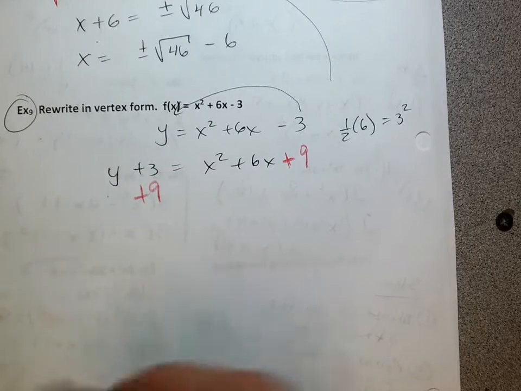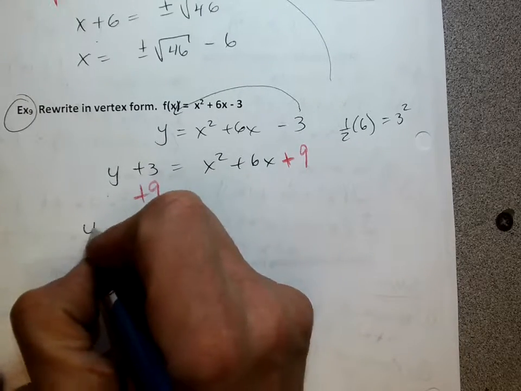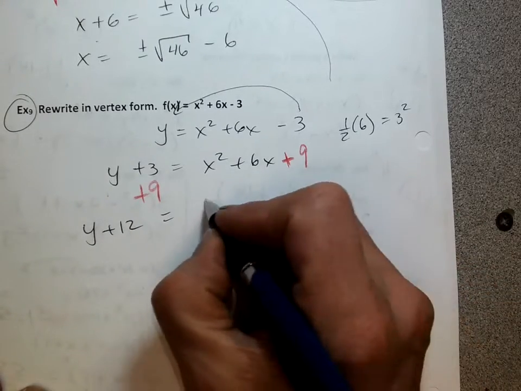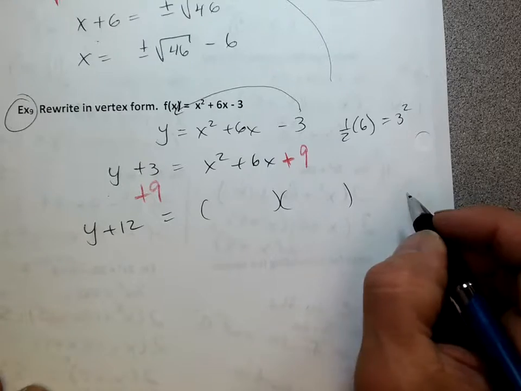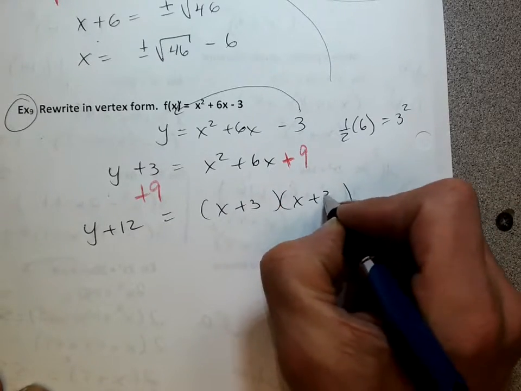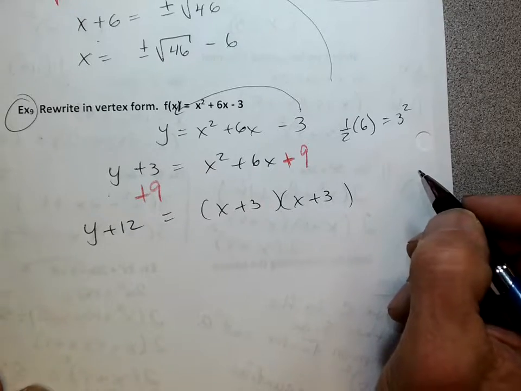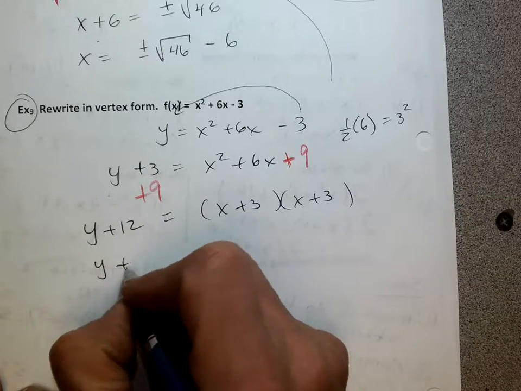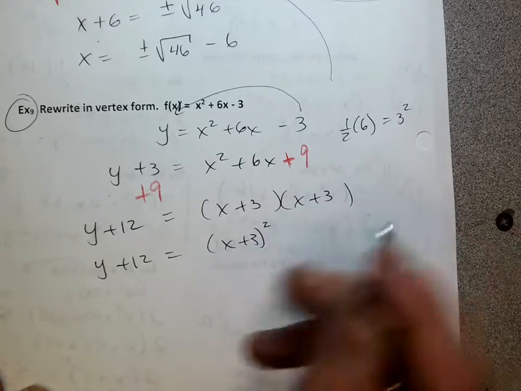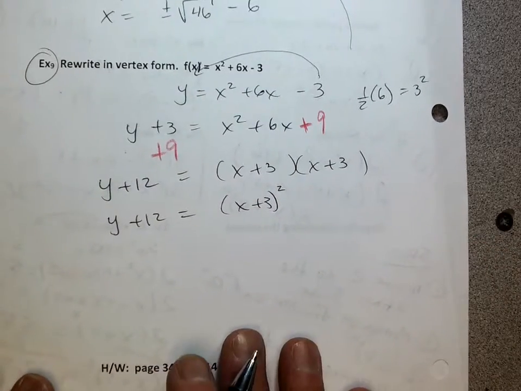Let's see what I got now. I'll have y plus 12 equals, and this will factor, x plus 3, x plus 3. Y plus 12 equals x plus 3 quantity squared. How am I doing? Am I going too fast?